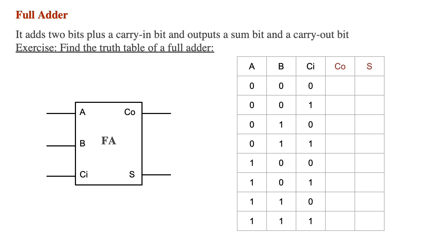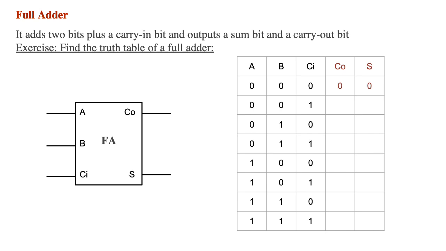For example, if you're adding A, B, Cin, whose values are all zeros, then 0 plus 0 plus 0 is going to be 0 in decimal. So that means the sum bit is going to be 0, and the carry output is also going to be 0.